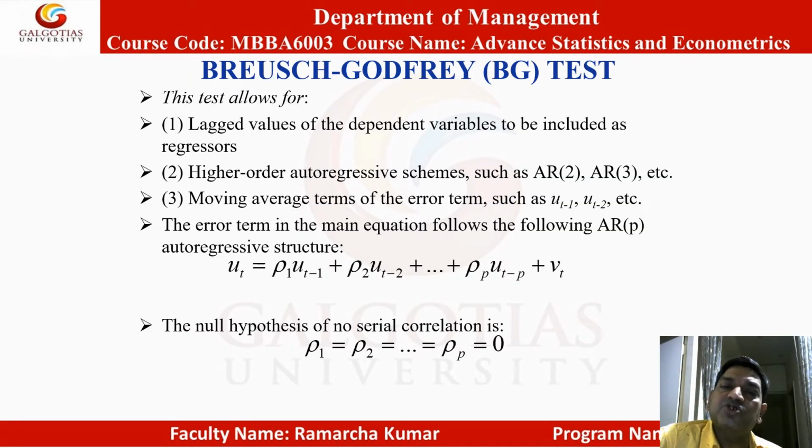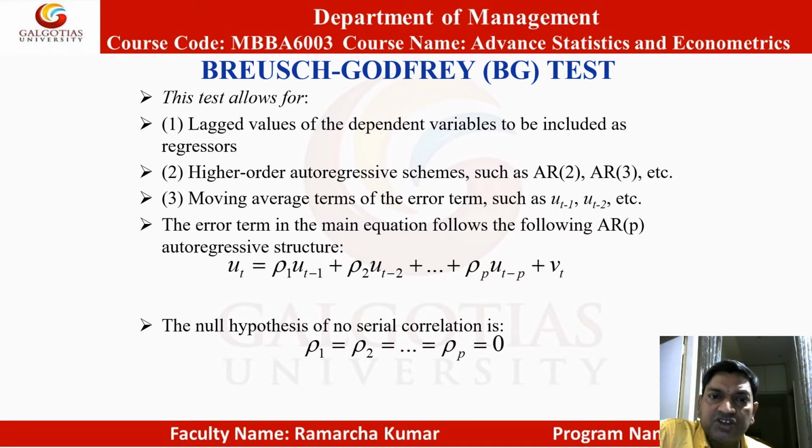The second test is the Breusch-Godfrey BG test. This test allows for lagged values of the dependent variable to be included as regressors, higher order autoregressive schemes such as AR2, AR3, etc., and moving average terms of error terms such as u_t minus 1, u_t minus 2, etc. The error term in the main equation follows the AR(p) autoregressive structure: u_t is rho 1 times u_t minus 1 plus rho 2 times u_t minus 2 plus rho 3 times u_t minus 3 till rho p times u_t minus p plus nu_t.